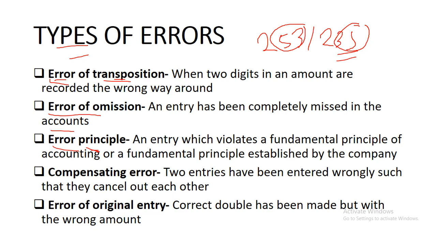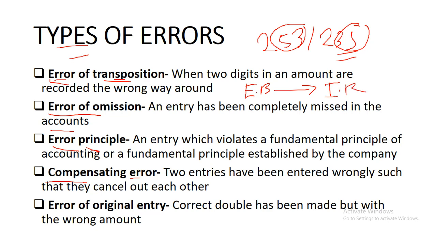Then we've got the compensating error. What is a compensating error? A compensating error is where two entries have been entered wrongly such that they cancel out each other. A typical example is, let's say, electricity bills and interest received.